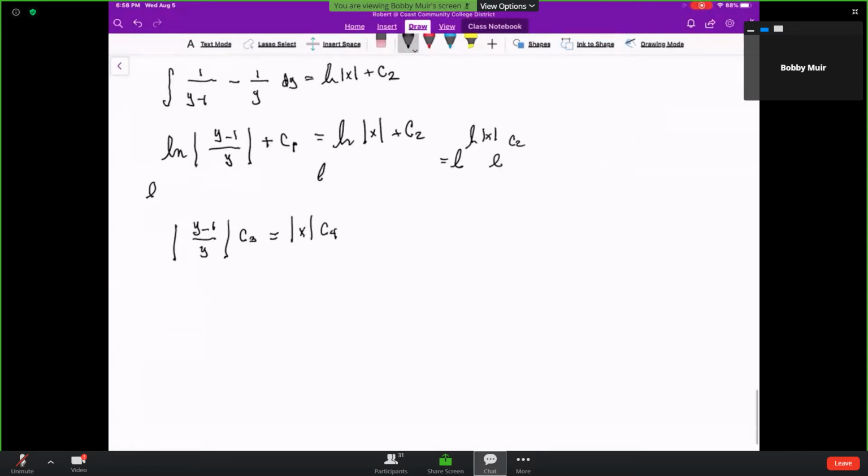Okay? So now I'll divide the constants up, and I'll say, all right, y minus 1 over y is going to equal some constant C5 x. Okay, so if the absolute values of two things are equal to each other, that means that the y minus 1 over y is going to be plus or minus some constant c times the x.